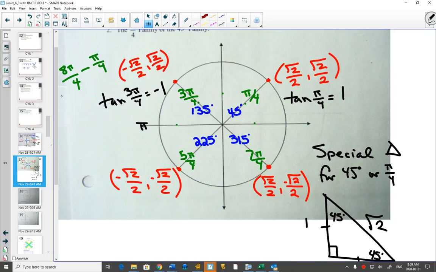Because the unit circle says if my x-coordinate's cos and my y-coordinate's sine, when I do tan, which is sine over cos, one of them is negative. Yes? And then tan of 5 pi over 4: negative divided by negative, this will be positive. And finally, tan of 7 pi over 4 will be negative 1.